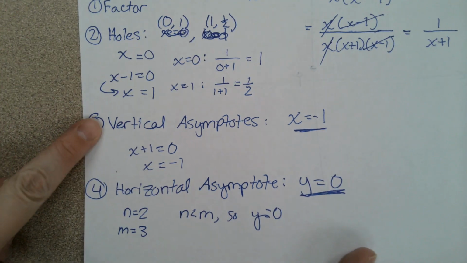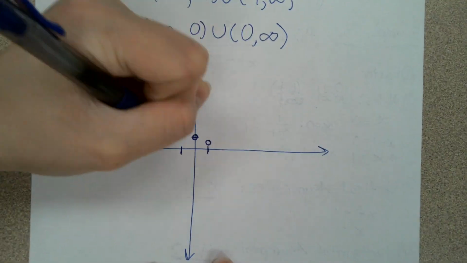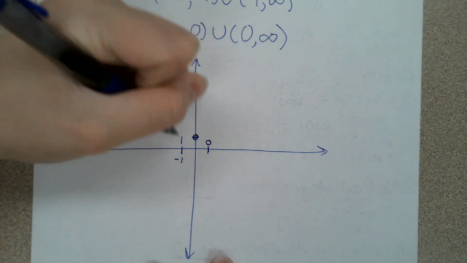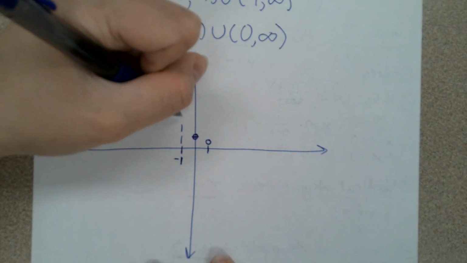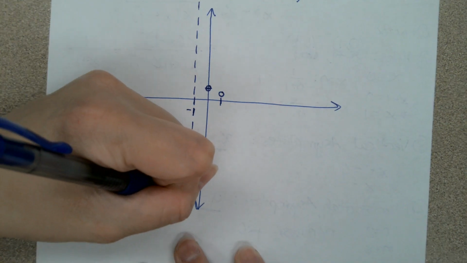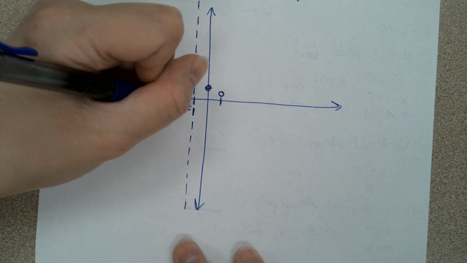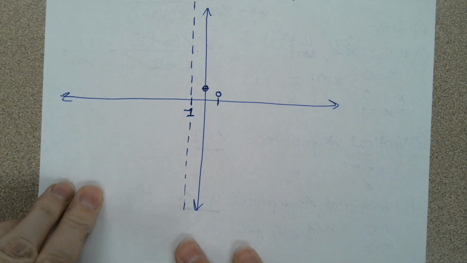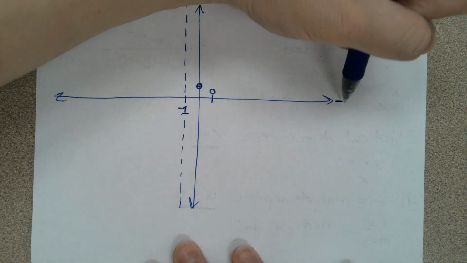And then vertical asymptote at -1 on the x-axis. Horizontal was, again, the x-axis.